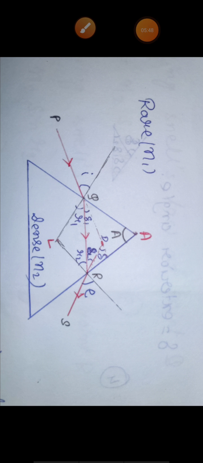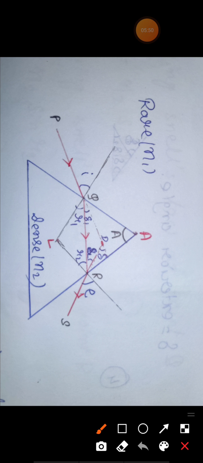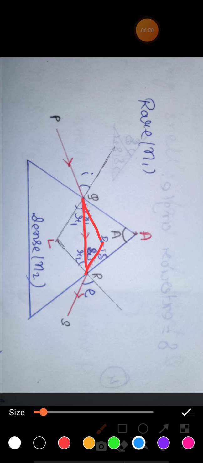Now from this triangle QNR, let me first draw. This delta is the outer angle, and this is angle R1 plus R2. This inner angle is delta 1 and this angle is delta 2.